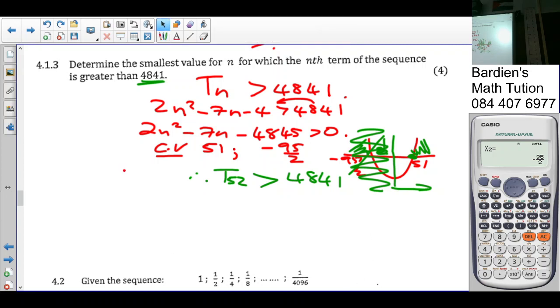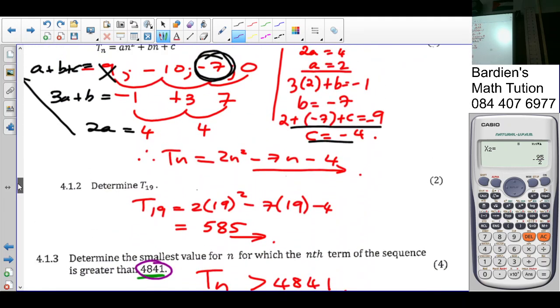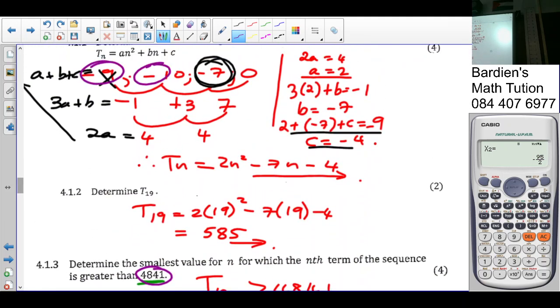Yes? So, can you please explain again from the critical values? You see, the question says, for which values of n will the term of the sequence be greater than 4,841? So currently, if you look at the sequence, it is negative 1, negative 7, negative 7, 0, and the numbers carry on.